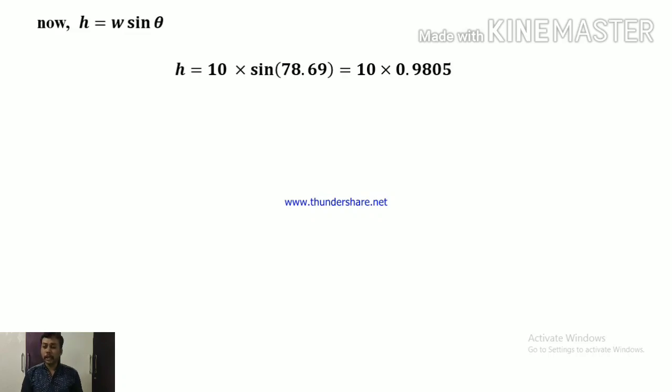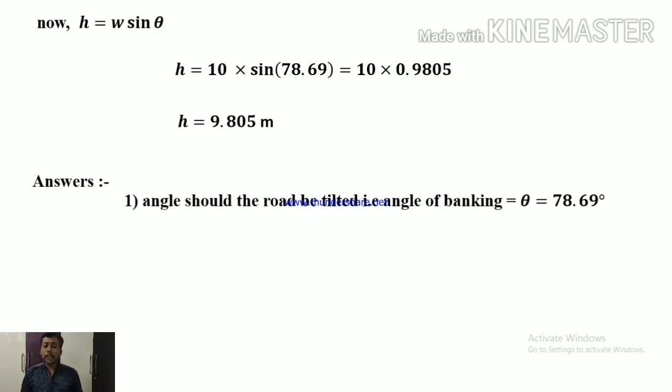So we get h is equal to 9.805 meter. So the answers are: the angle at which the road should be tilted, that is the angle of banking theta, is 78.69 degree, and the height of the outer edge h is 9.805 meter.